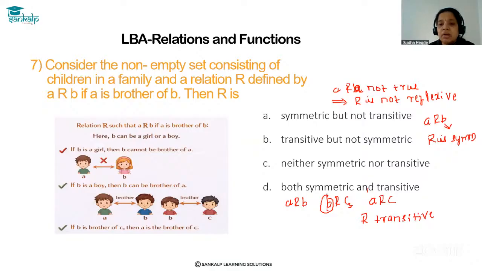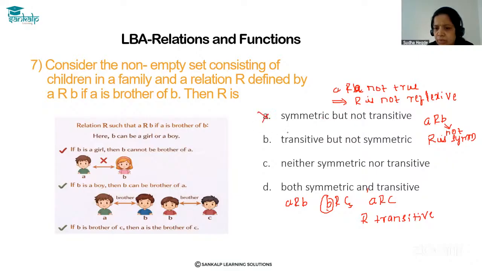Therefore, check the options. Symmetric, it is not true. R is not symmetric because B cannot be brother of A if B is a girl. So this is wrong.